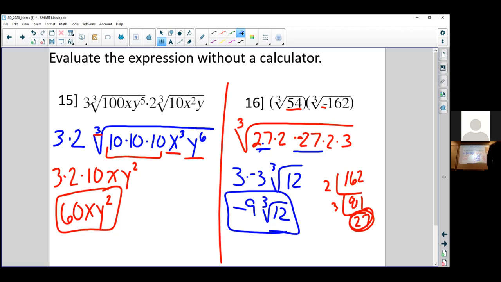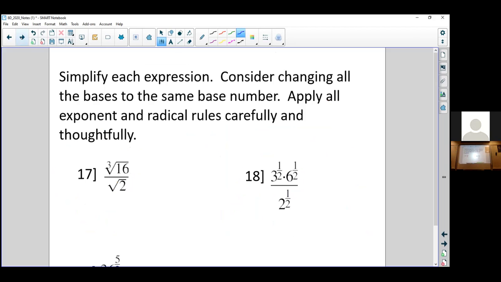Number 16. Got one more thing. Ready? Can I move on? Okay, simplify the bases. So first thing, I have the third root of 16 and I have the square root of 2. They're not the same radical, so I can't just reduce it. If I had third root of 16 over third root of 2, I could reduce it because they'd be the same radical.